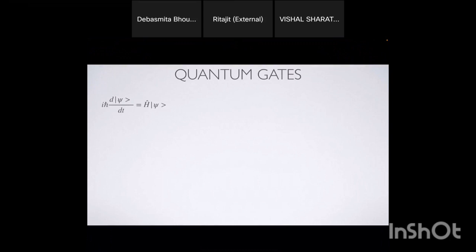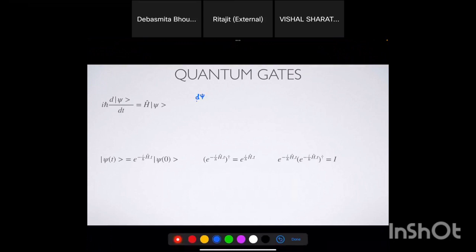So we were doing this calculation, and what we showed here is simply this. If you just missed it, d psi over psi is equal to minus i over h bar H dt. If we integrate this, it becomes natural log of psi is equal to minus i over h bar H t.